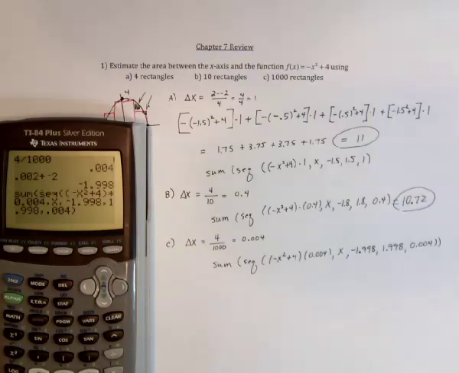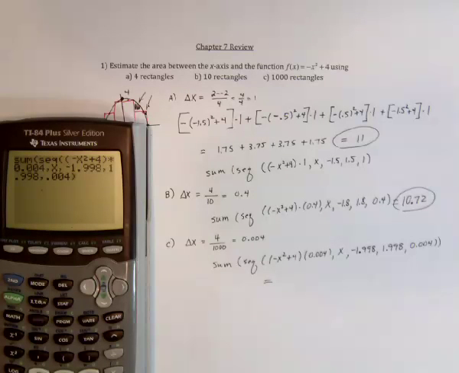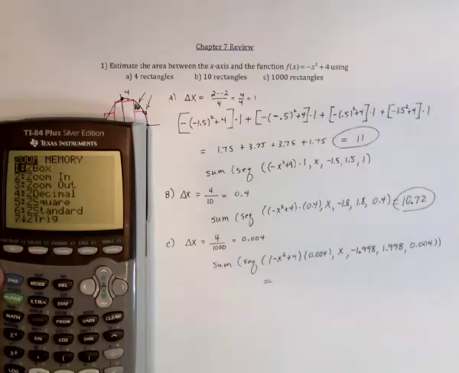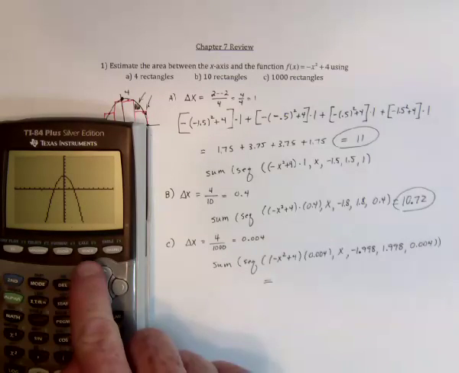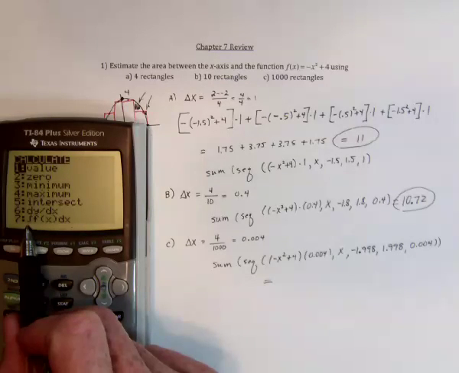Calculator's having to think about that one. It's adding up 1,000 rectangles right now. Oh no, I really didn't expect that to happen. That was too much for its memory. So what I'm going to have to resort to is go to the graph, and under second calculate, what we're doing is actually integrating, which is number 7.